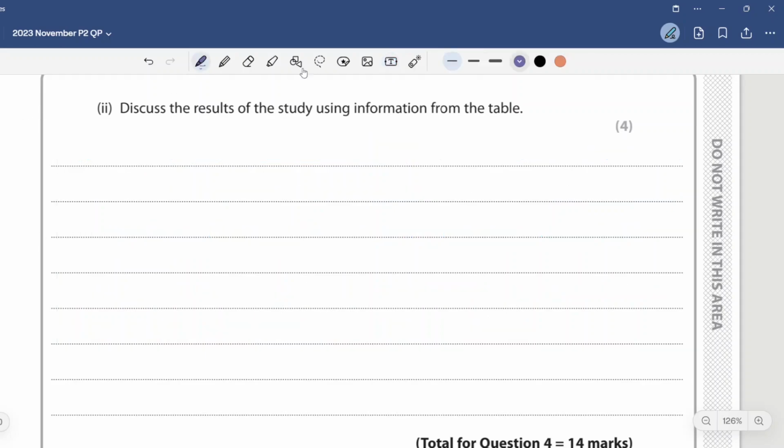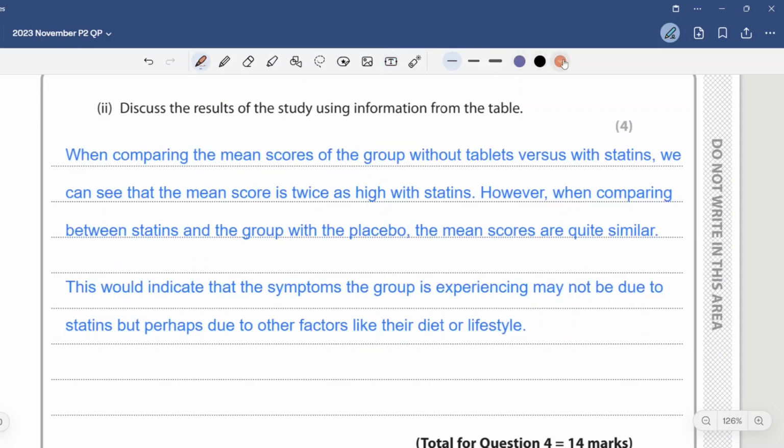Okay, let's go through the marks. The first mark is comparing those with symptoms versus no tablets. We can see that the mean score is twice. That's 1 mark. The second mark is when comparing statins and the placebo, the mean scores are quite similar. That's a 2nd mark.